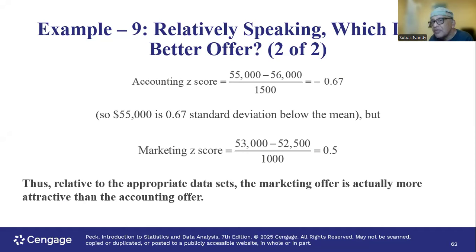Yes, 55,000 is lower than the mean, so we got a negative z-score. And then for marketing, the salary 53,000 is slightly above the mean, so it's a positive z-score of 0.5. So that is much better. When you convert everything to z-scores, the marketing z-score is greater than the accounting z-score.